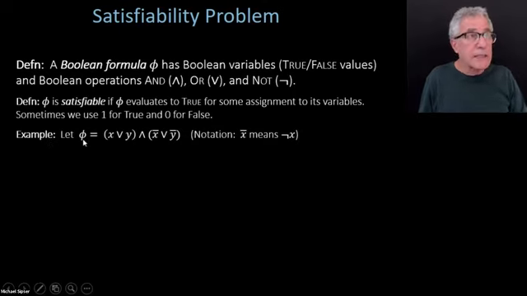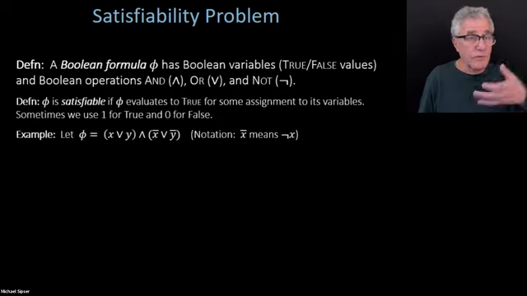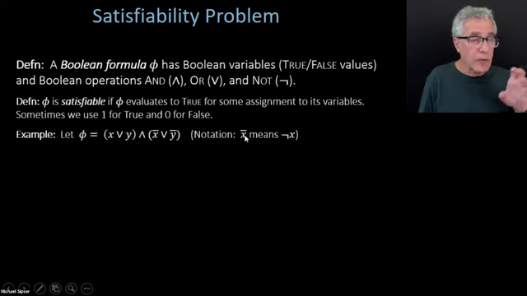Here is our example. Let's take the formula phi, which is (x or y) and (x complement or not y). The notation x with a bar over it, x complement, is just not x. If you're familiar with the other notation for the not operation, which just inverts ones and zeros, we're going to write it with a bar instead of the negation symbol.